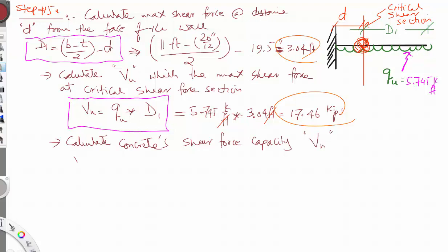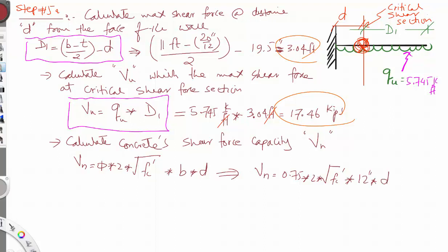The equation for Vn, from the ACI, the American Concrete Institute, is equal to phi multiplied by 2 multiplied by the square root of f'c in psi, multiplied by B multiplied by D. Now I'm going to simplify this so that you'll not be confused with it. So Vn is equal to, phi will always be 0.75, so 0.75 multiplied by 2 multiplied by this f'c, and B will always be 12 inches, and then D.